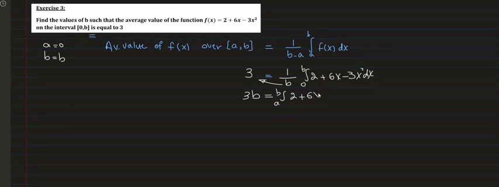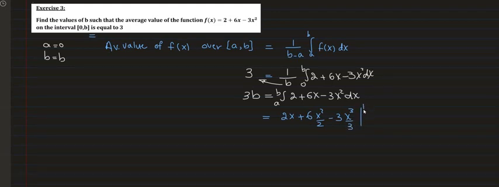Of course, this integral is a direct one where we have elementary functions and we can integrate each alone, separated by addition and subtraction. So the integration of 2 is 2x. The integration of 6x, the 6 drops and the x is x squared over 2, minus 3, the 3 drops and the integration of x squared is x cubed over 3.